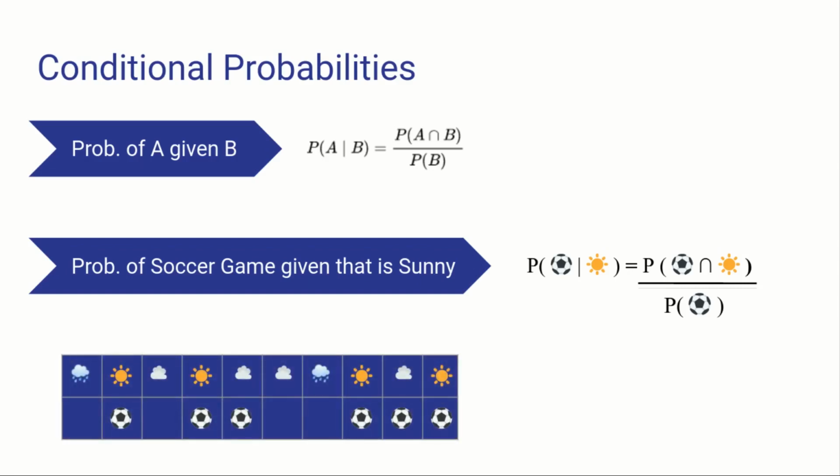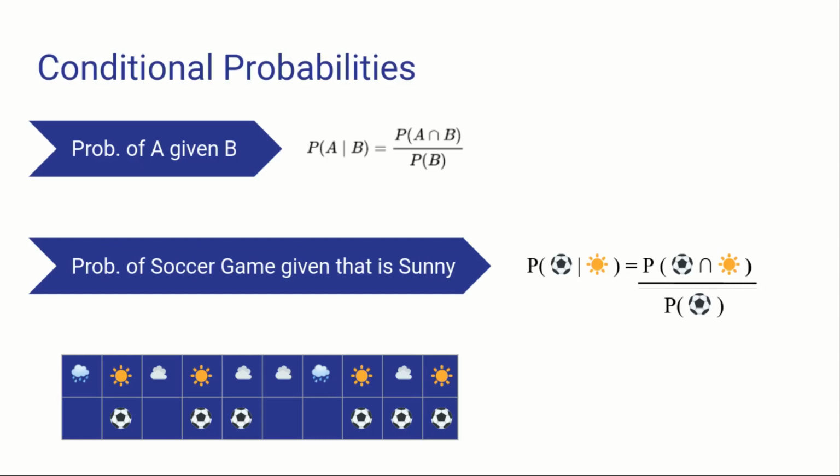So we have a record here with 10 days and we have the weather conditions. It could be cloudy, rainy or sunny, represented by those emojis. And in the row below we have a register of whether a game happened or not on that day.